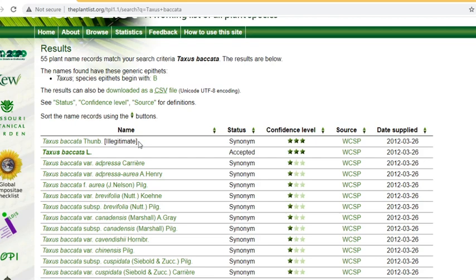If you follow the ICN rules, it says that you have to follow the priority of publication, and many other rules are there. Mostly this is illegitimate because of the priority of publication. Taxus baccata Linnaeus was published by Linnaeus in 1753, so it gets priority over the name proposed by Thunberg later. So this is an accepted name, this is a synonym, but it is also at the same time an illegitimate name.